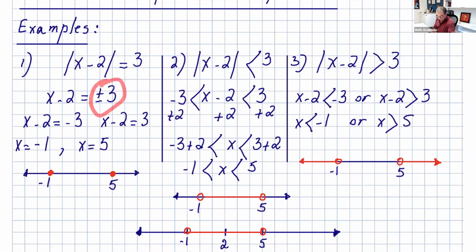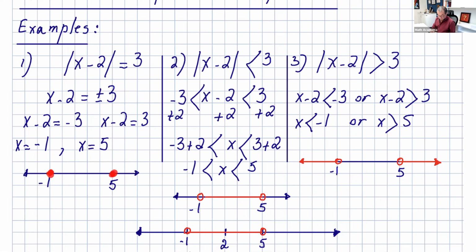You're going to get two equations. The first one is x minus 2 equals negative 3, and the second one equals 3. If you solve them, you get negative 1 and 5. This equation has two solutions, negative 1 and 5.